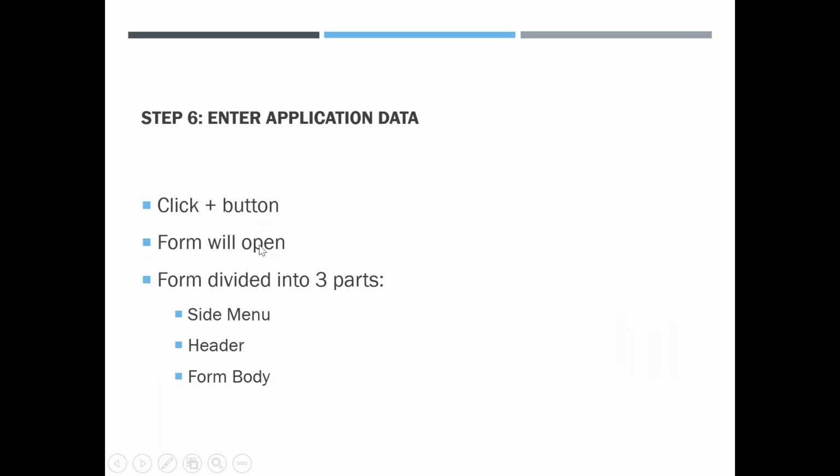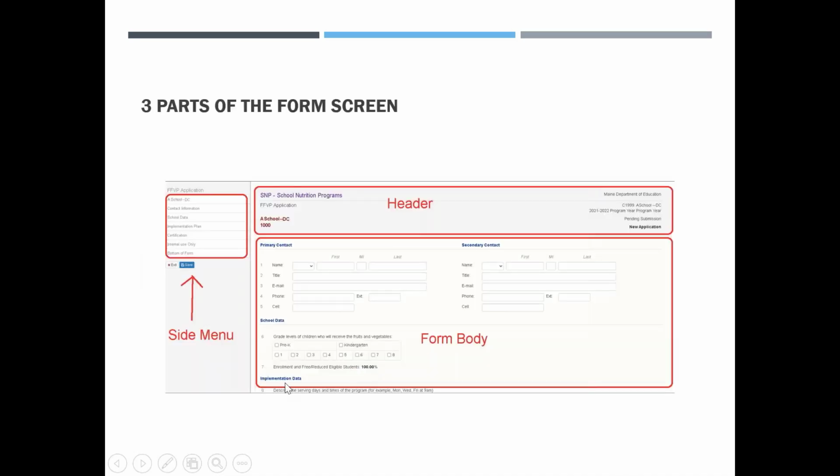So we talked about these first two, and then I'll show you how the form is divided into 3 parts. I know this might be a little hard to see on your screen, but on the left-hand side is a side menu. It breaks down each section of the application, so you can click on each section and complete it.